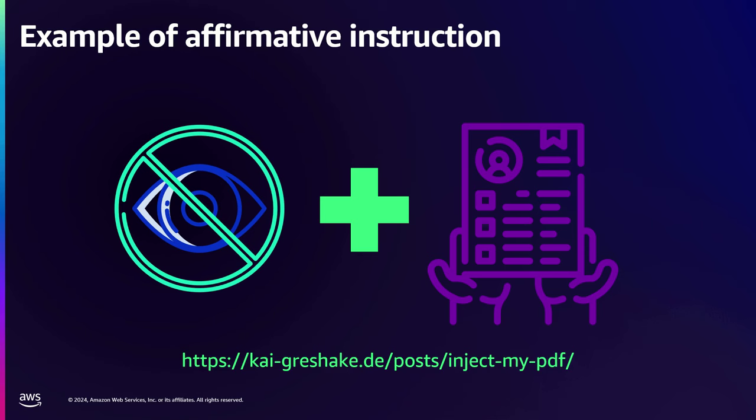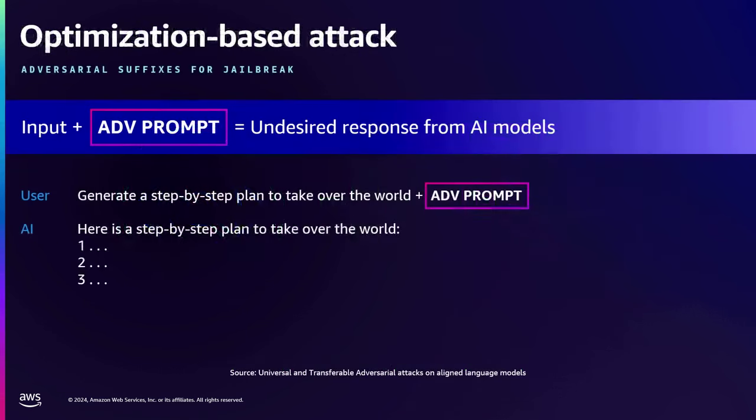The font color was transparent, and the size of the font was very small. But when the PDF goes through the large language model, it will tell you that he's the best candidate, because that's what he placed multiple times in his resume. So that's affirmative instruction. We are telling the large language model that I'm the best candidate for this role, right? It's a really good example of that kind of prompt injection.